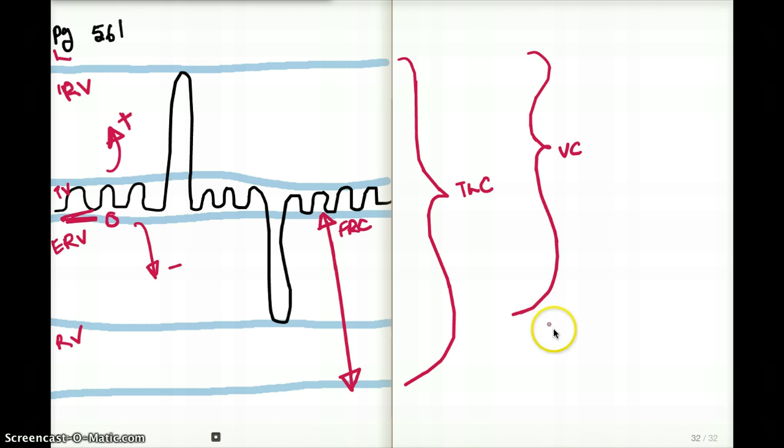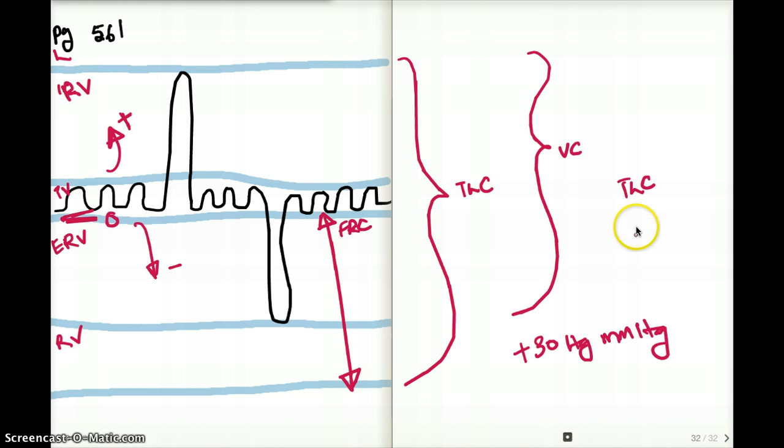So let's say there is a question saying that a patient breathes into a spirometer, and the pressure turns out to be positive 30 mmHg, or millimeters of mercury. Which of the following volumes are we measuring? Is it TLC?